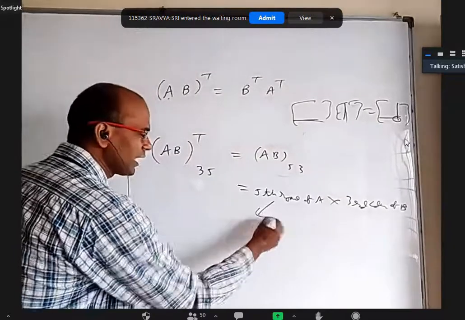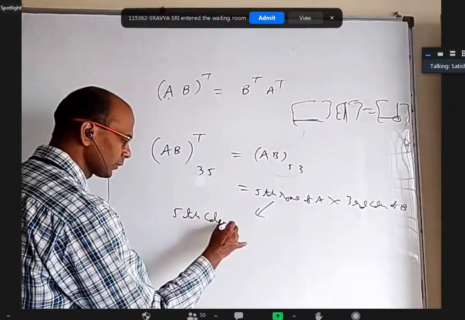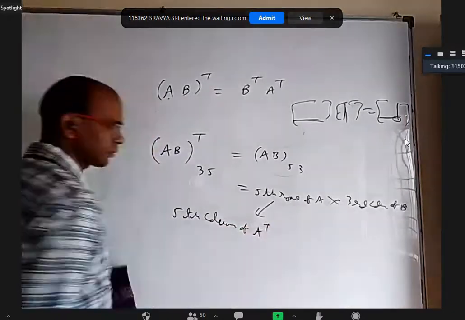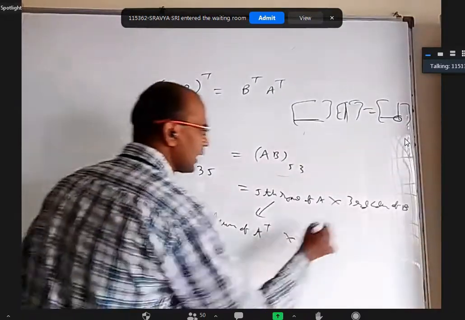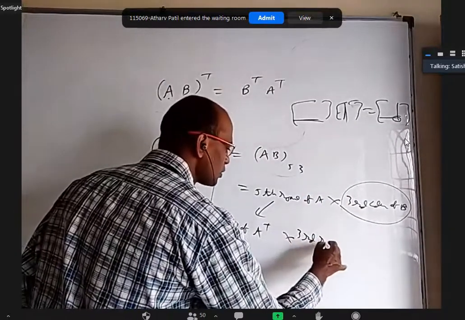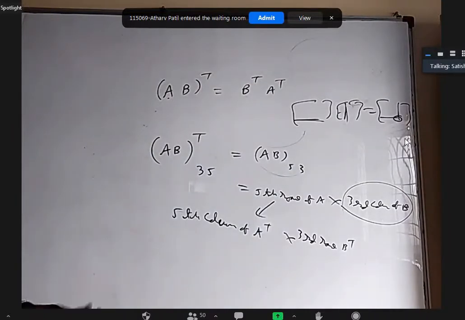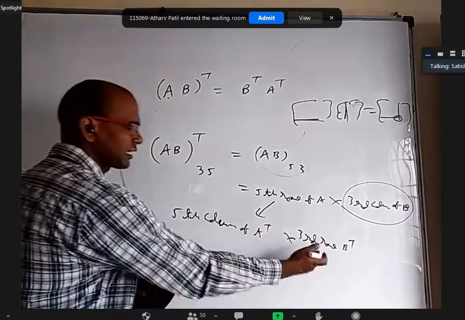But the fifth row of A, can I write it as the fifth column of A transpose? And the third column of B, I can write as the third row of B transpose. Now in a product of numbers I can write this first and that later.